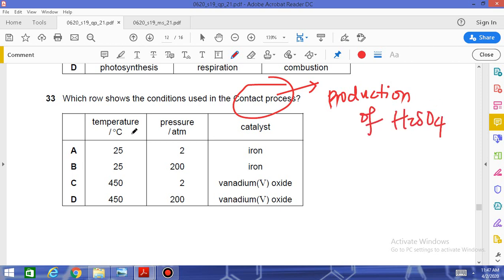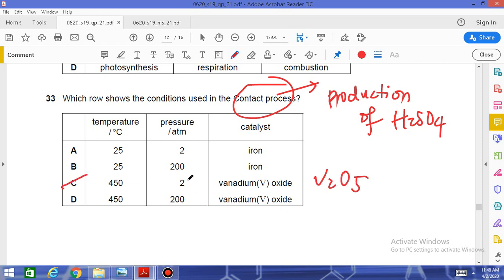So the optimum temperature must be about 450 degrees Celsius, and the pressure must be about 1 to 2 atmospheres. The catalyst used is V2O5, vanadium pentoxide.